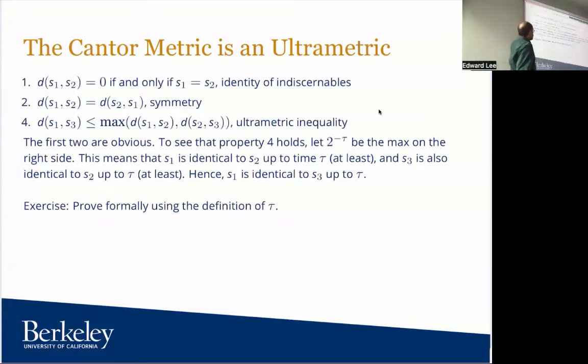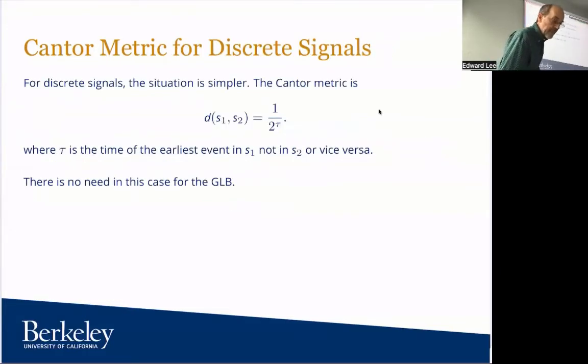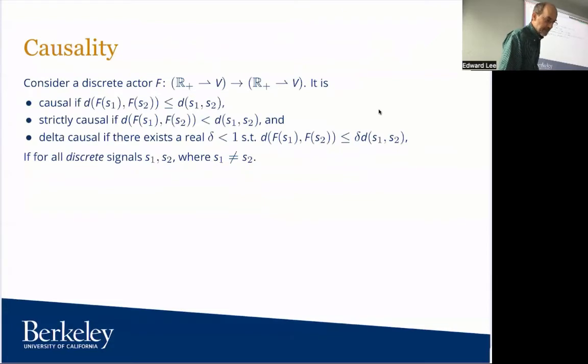And there's a proof of the ultrametric inequality property here. I'll just ask you to take my word for it. You don't need to worry about it. And this just says that in a program like Lingua Franca, we don't have some of the usual subtleties that arise in metric spaces because we don't have a continuum for time. And so we don't have to worry about that. Okay.